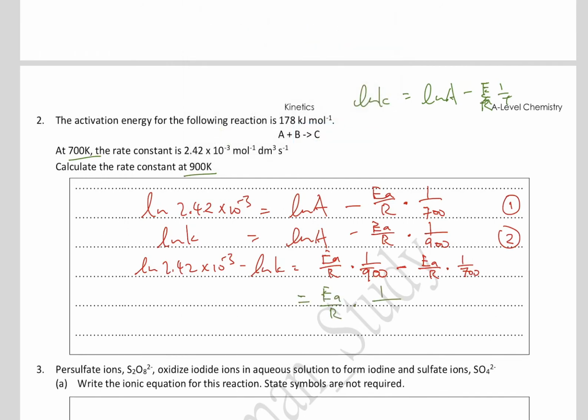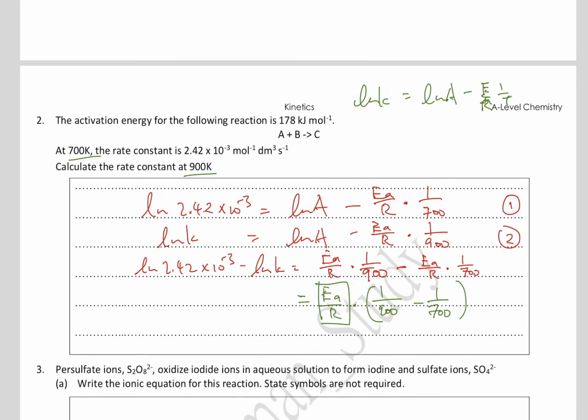You can do something like that, which makes your solving easier. Even though this time you're not solving EA, you're just putting in the value of EA, next time maybe they ask you to calculate the value of activation energy, then you know the solving, you can have a common factor like that, then you can solve much more easily.